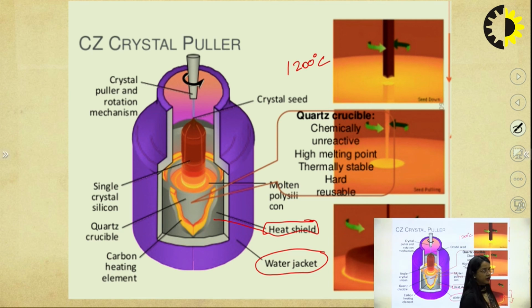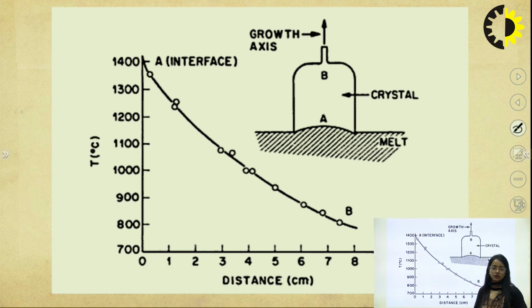As far as the puller is concerned, we have the same thing: the single crystal silicon, quartz tube, and a carbon heating element, and then we have a water jacket, molten polysilicon, and at the top we have a puller. So we can see how the distance and temperature are related.